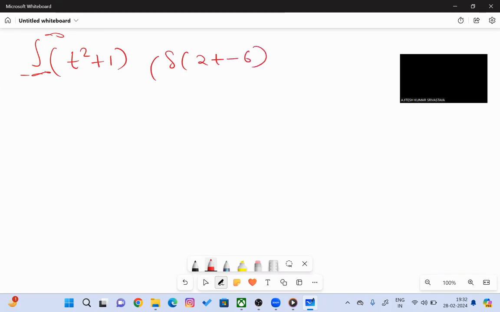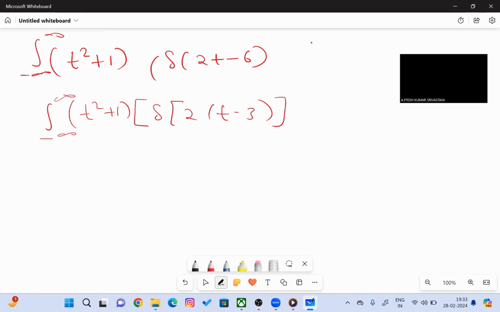For the first question, we write the integral from minus infinity to plus infinity, and if we take 2 common, it represents 2 times t minus 3.